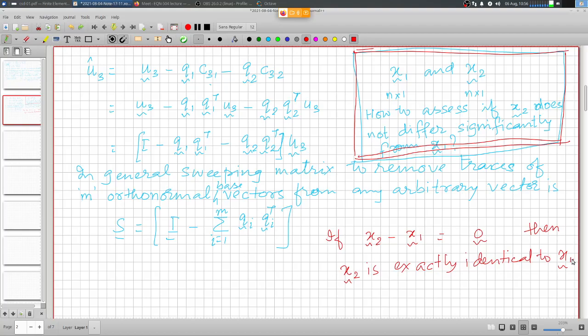Any process of approximation can only approach the true solution asymptotically, and we can never reach the true result. So this exactly identical business will never happen. And secondly, this is never going to be equal to 0 on a computer. So you can throw it out. This is a null vector, so that each element of x2 is the same as each element of x1.